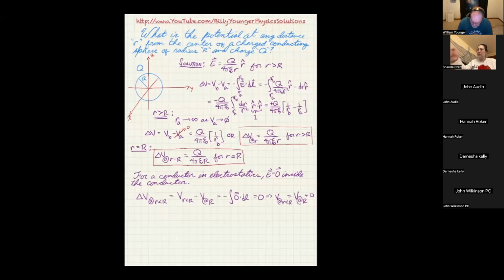But that's the main thing that you see. So now what we're going to say is V at r less than big R is in fact going to be Q over 4 pi epsilon naught R for r less than big R. And that's what our answer is. Anybody have any questions on that?